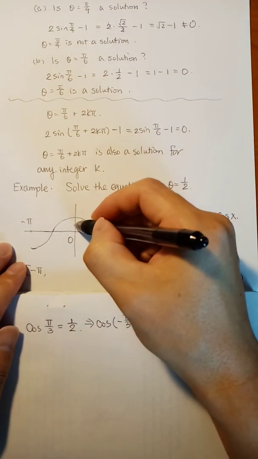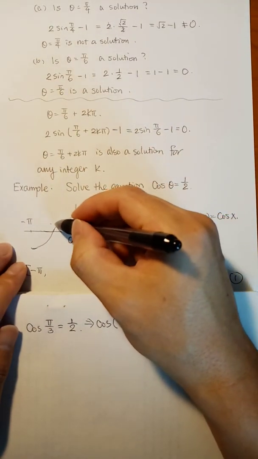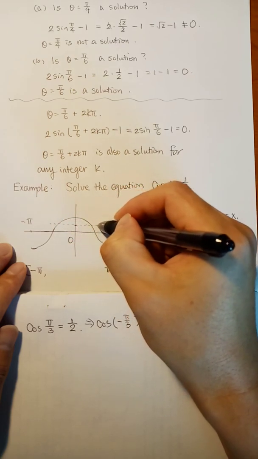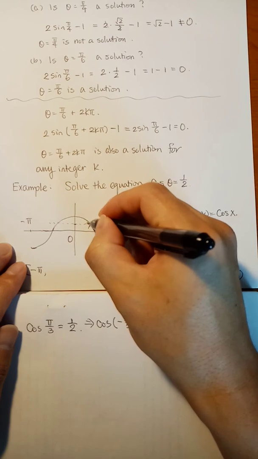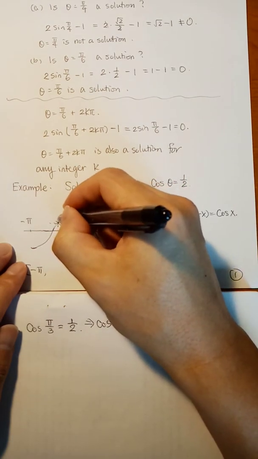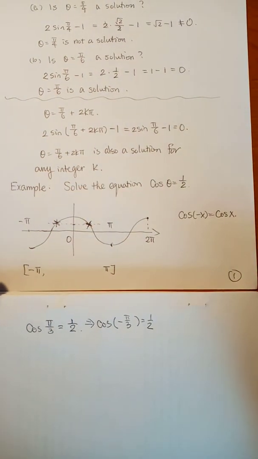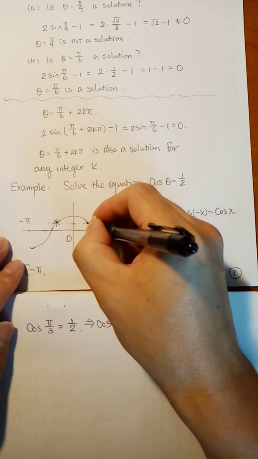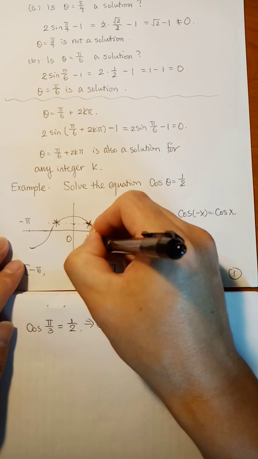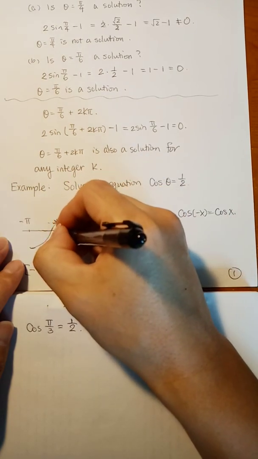So you have 1/2 here, you draw the horizontal line, you intersect this point, and it's a symmetric point. So you have the right and the left point. They correspond to pi over 3 and negative pi over 3.